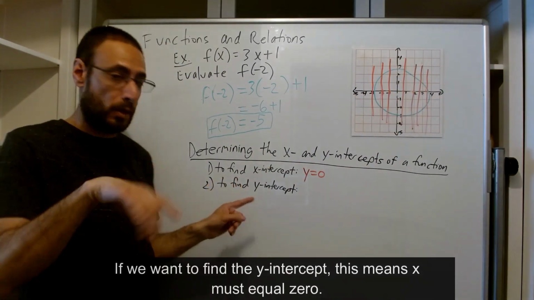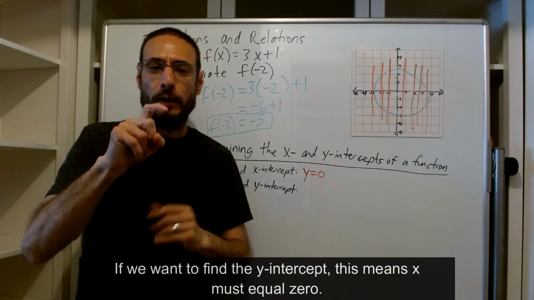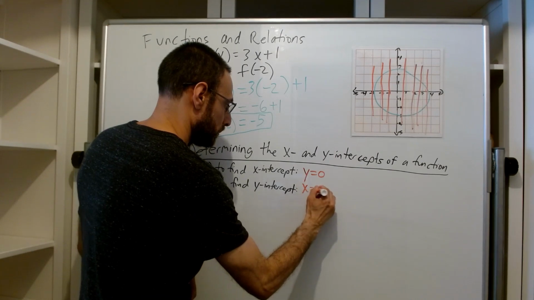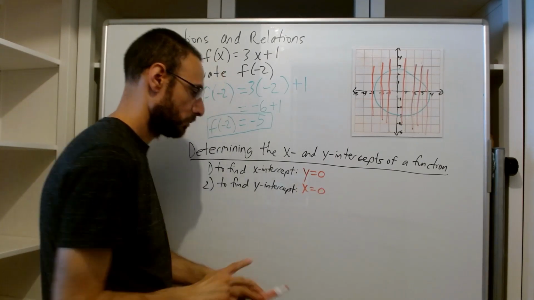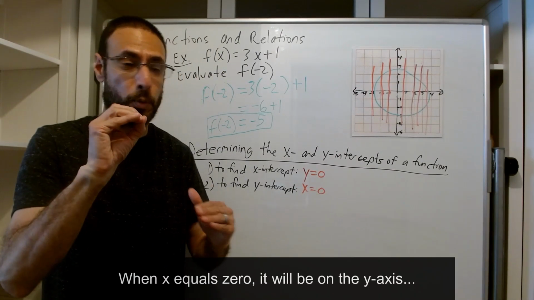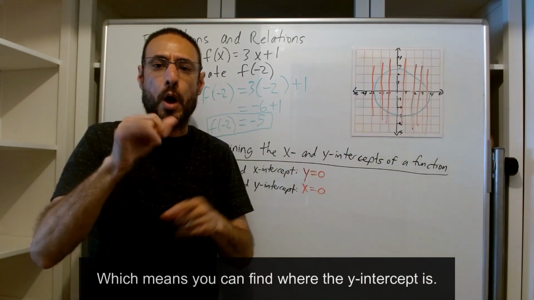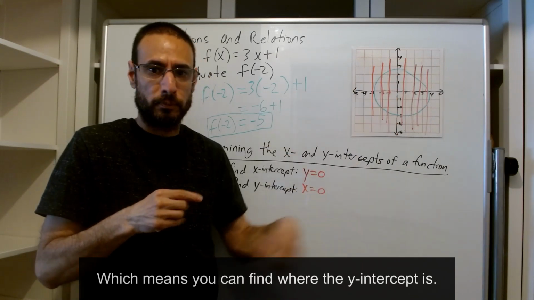If we want to find the y-intercept, this means x must equal 0. When x equals 0, it will be on the y-axis, which means you can find where the y-intercept is.